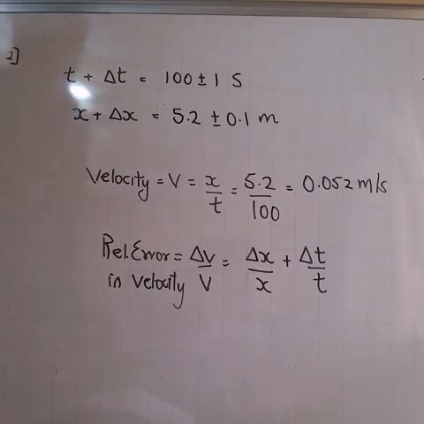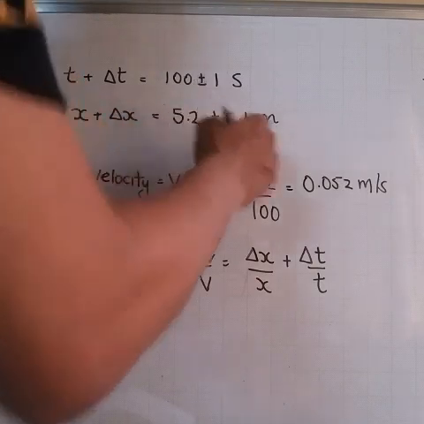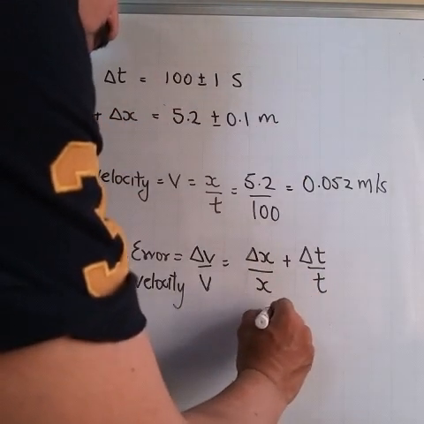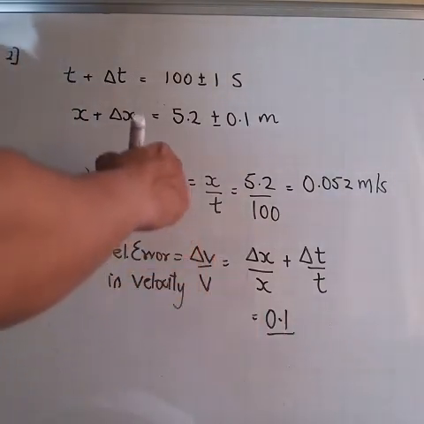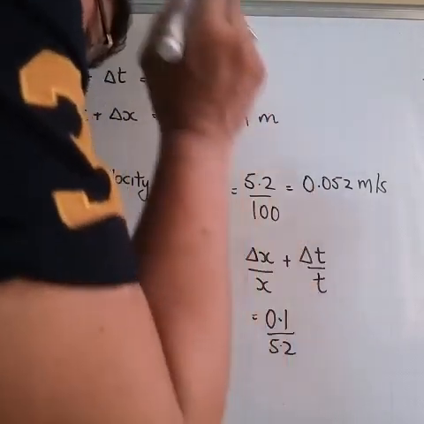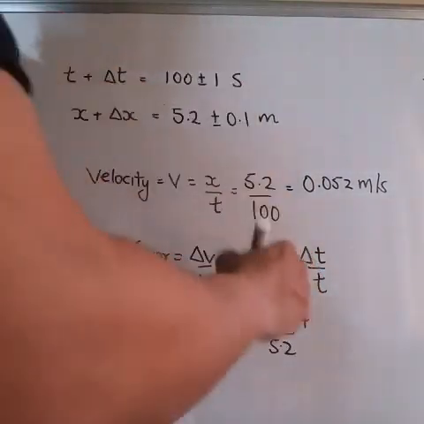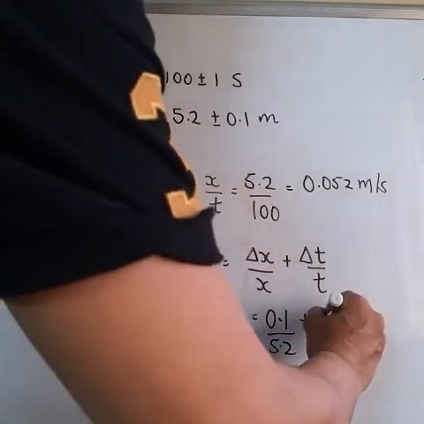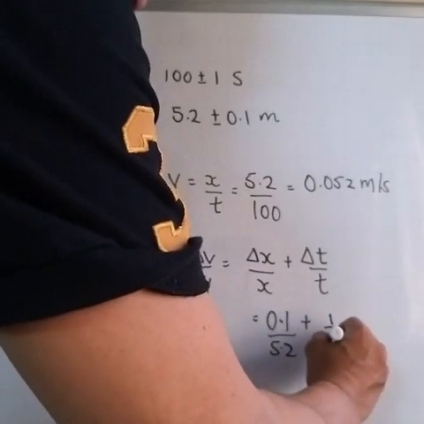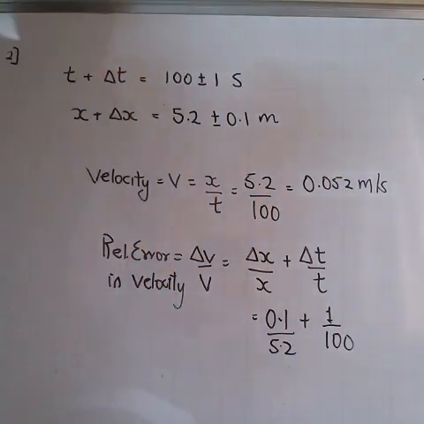Now put the values of delta x and delta t. Okay, delta x is already we know 0.1 upon x. X is how much? 5.2, plus delta t is how much? 1 upon 100. 1 upon 100.